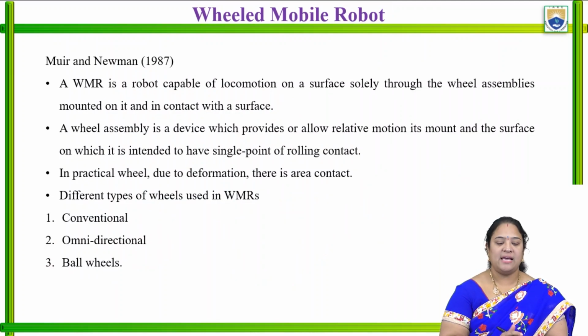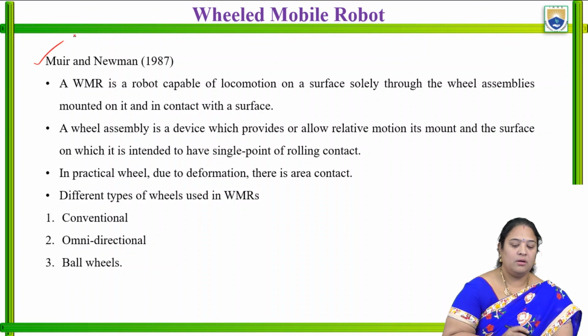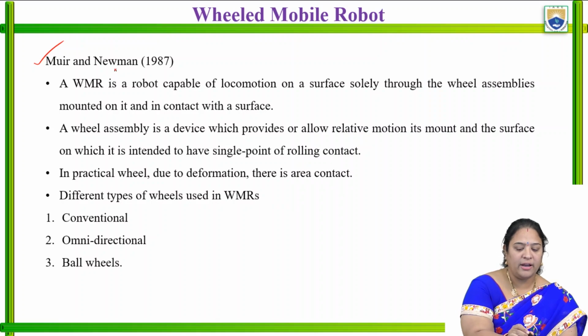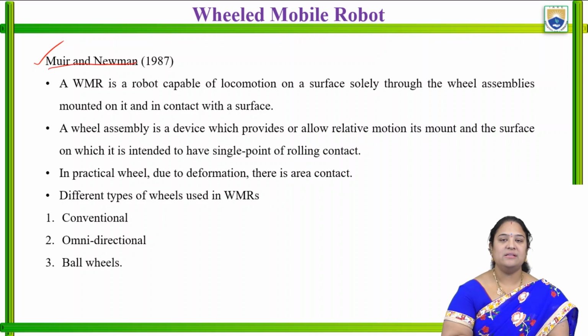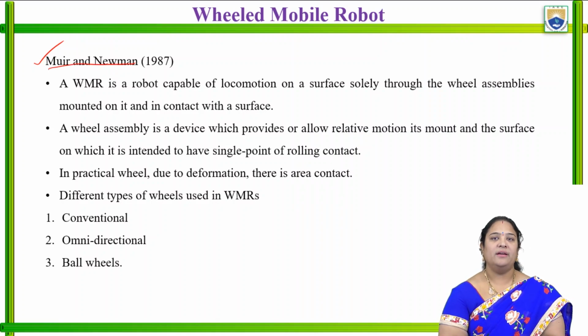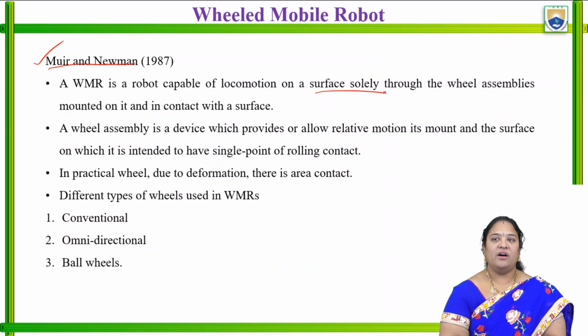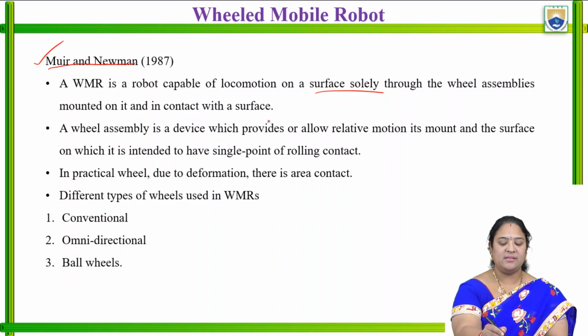Let us take an example. In 1987, Muir and Newman introduced the wheeled mobile robot, right? In 1987, the wheeled mobile robot was introduced by scientists including Newman, who manufactured a robot used for locomotion on a surface, where the wheel assembly is mounted on it and in contact with the surface, right?